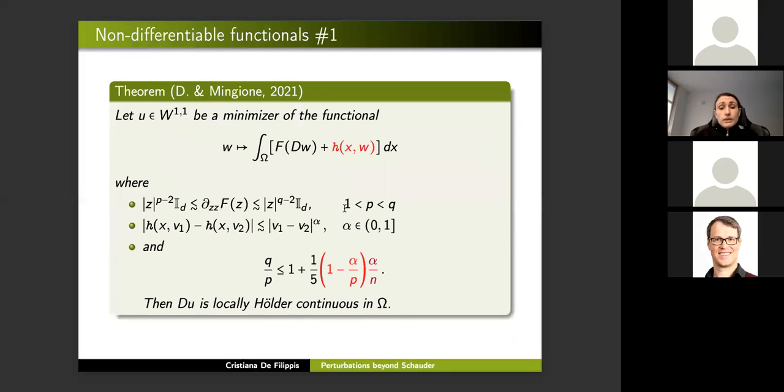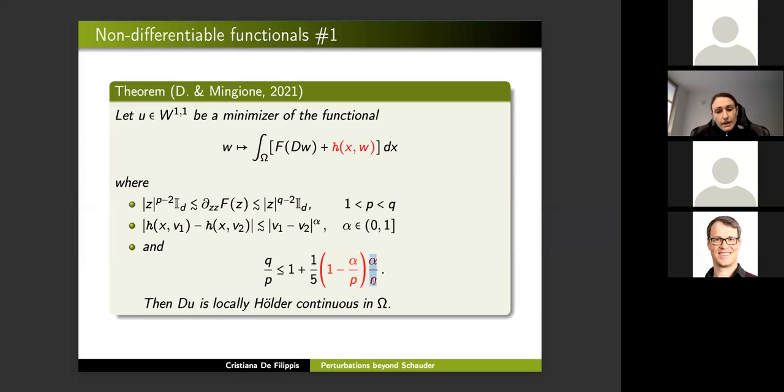And now let's see what happens for non-differentiable variational integrals. I have that F is again PQ non-uniformly elliptic, H is measurable in x and Hölder in v. We need to impose again a constraint on the exponents, and notice that this constraint in some sense reflects the various ingredients considered in this problem.